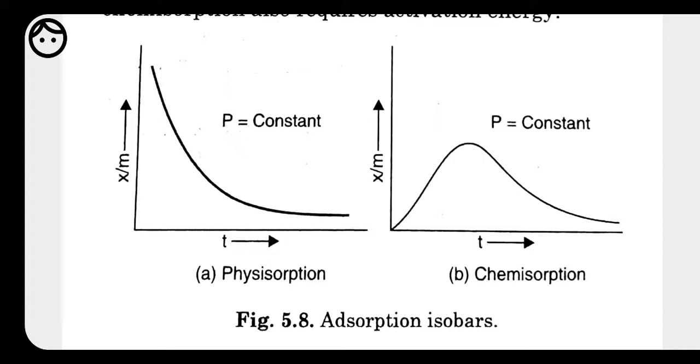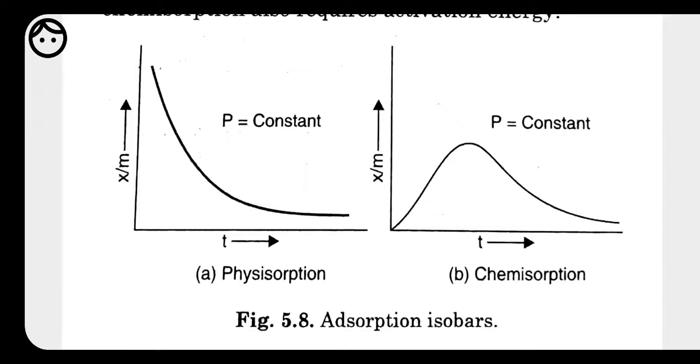But in case of chemisorption, what happens? Many chemical reactions need some activation energy. Activation energy is the amount of energy needed to start up the reaction. That's why we have to give some energy, by increasing the temperature.